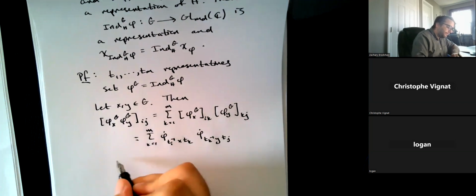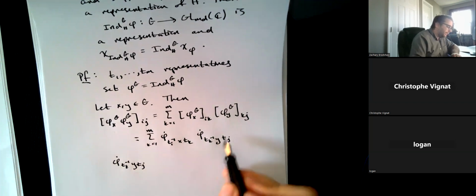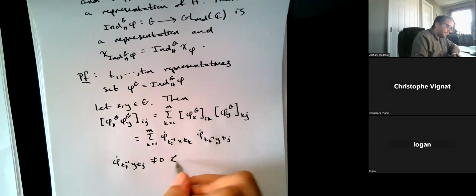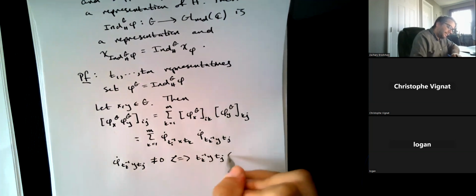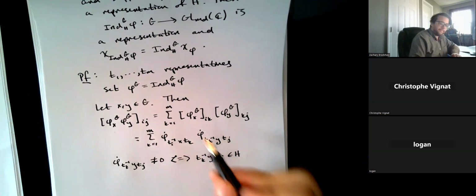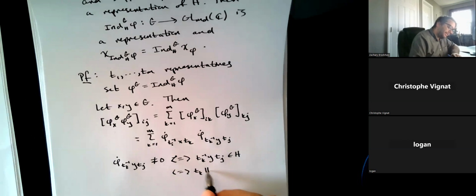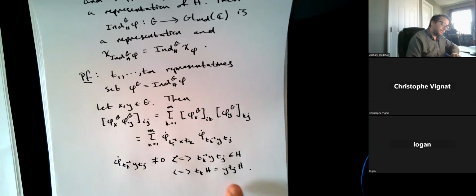The only way that phi dot (t_k inverse y t_j) is not zero is if and only if t_k inverse y t_j is in H, that's the definition of this dot mapping, or equivalently, t_k H is equal to y t_j H. Okay, so y t_j H, well, this is a coset.